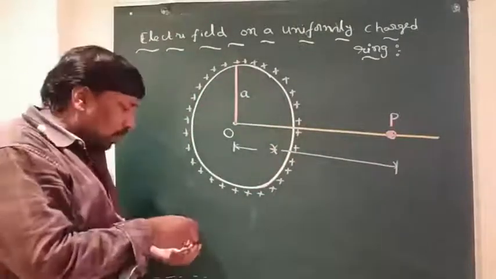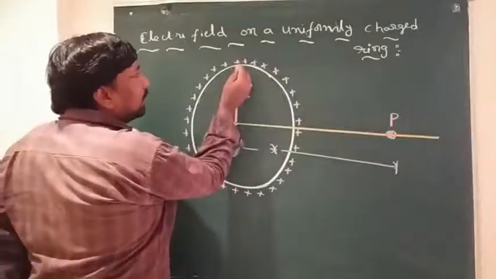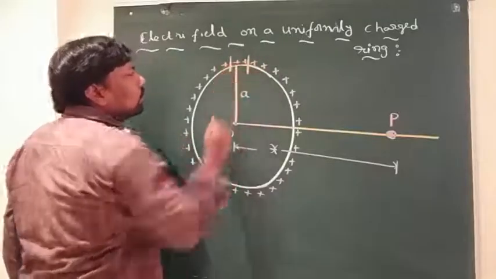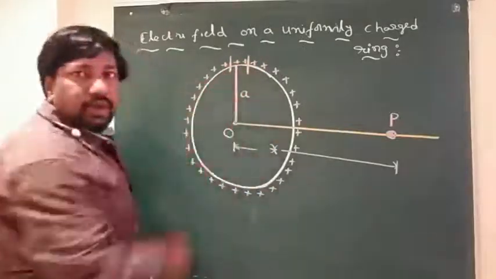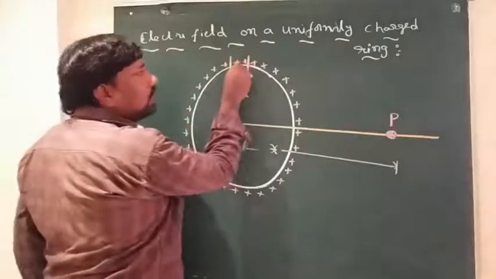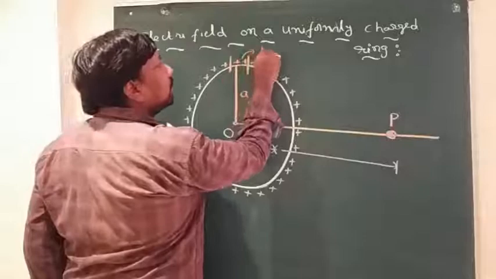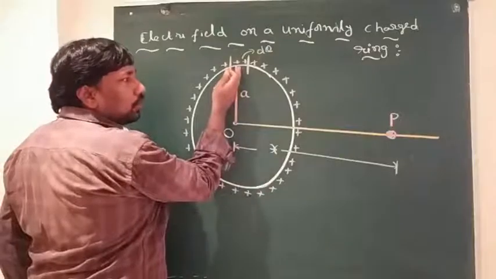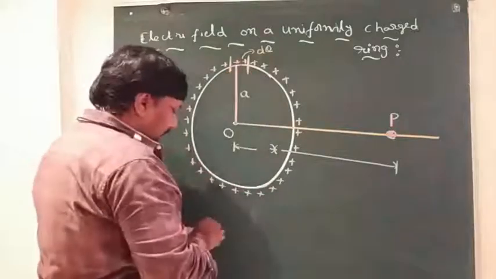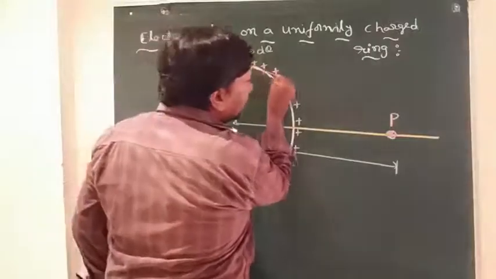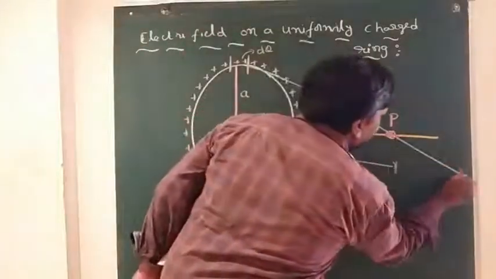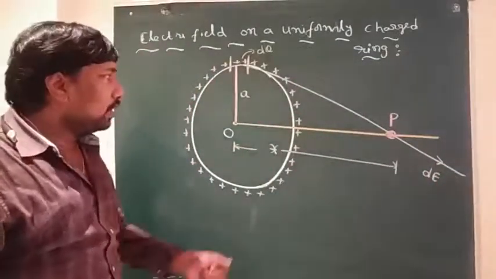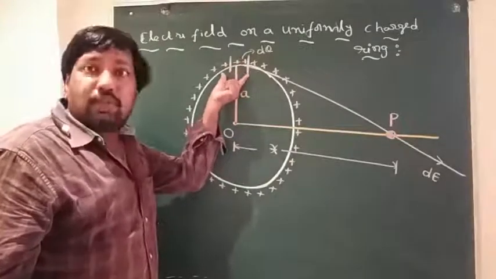Okay. So now in this situation, take a small part at the top of the ring, and here the charge is dq. Now at point P, due to the charge dq, the electric field dE has its direction in this way. Here dE is the electric field due to the small part at the top of the ring.